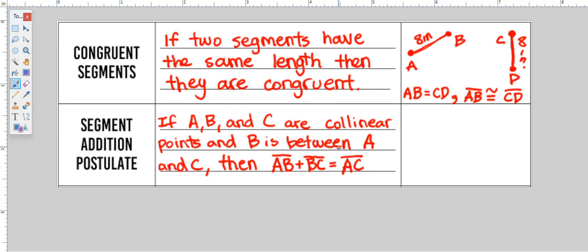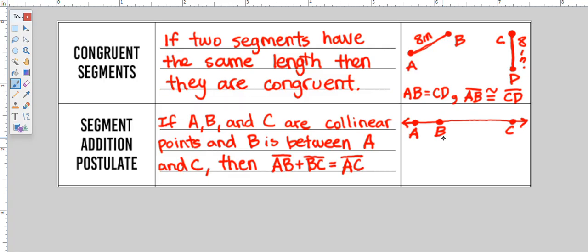And to make that make sense visually, if I have a line with 3 collinear points, they're all sharing the same line. So we have A, we have B, we have C. And then we have a line that passes through all three of them, going on and on forever. And B is in between them. You'll notice I didn't put B in the center. It's not guaranteed that B is in the center.